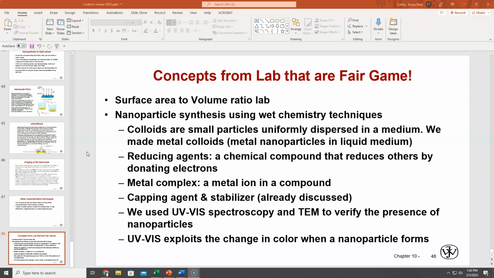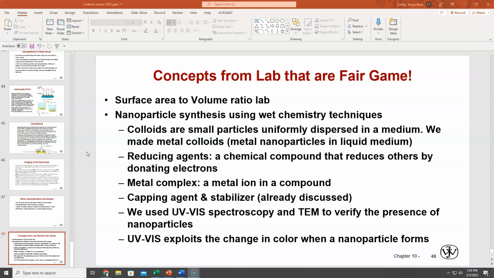And so what happened was the metal complex would break apart in the water that it was in. It would break into the metal ion and the rest of the salt, forming ions. And the reducing agent would donate electrons to the metal in solution, and that would cause the metal ions to then come together to form a neutral metal nanoparticle.